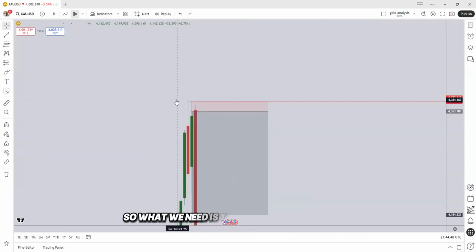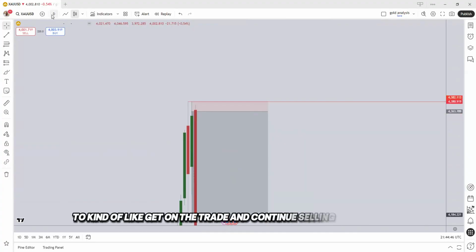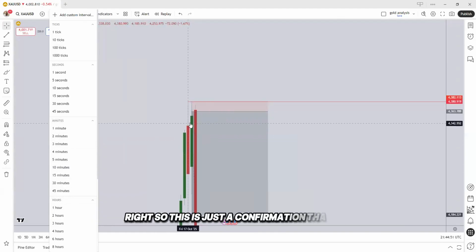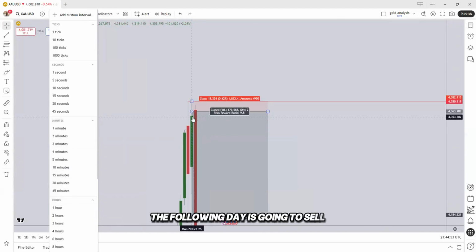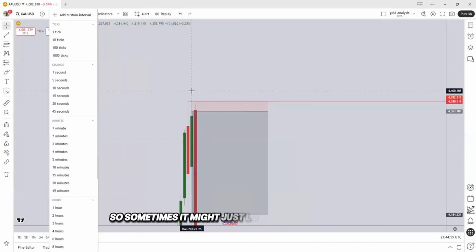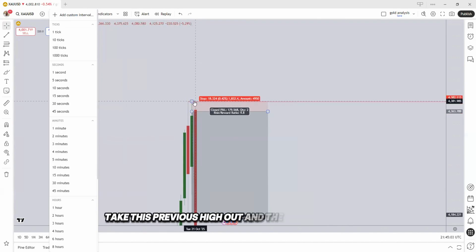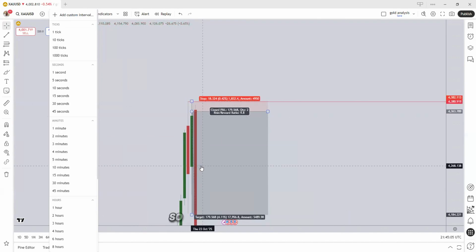So we just look for an engulfing inside that level to get on the trade and continue selling for that day. This is just a confirmation that the following day is going to sell. Sometimes it might just go up and take us out, take this previous high out and then fall back inside. It can happen. That's just how it works.